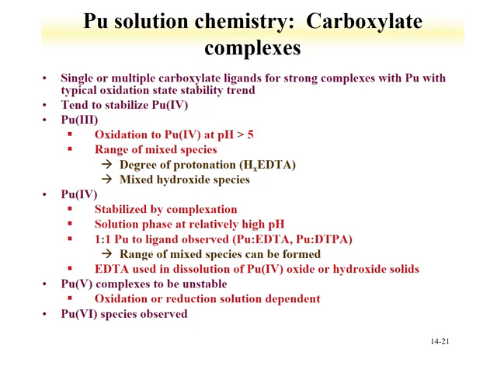So for plutonium-3, if you form carboxylate complexes, you will get oxidation of plutonium from the 3 to the 4, and you can get a range of mixed species. For instance, with EDTA, ethylenediaminetetraacetic acid, the degree of protonation of the EDTA will vary depending upon the pH, and also you can get mixed hydroxide species, so you can get plutonium hydroxide with EDTA.